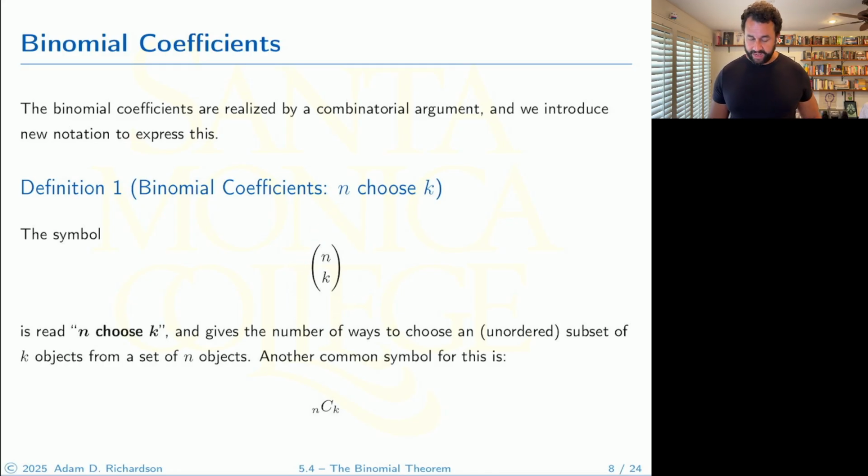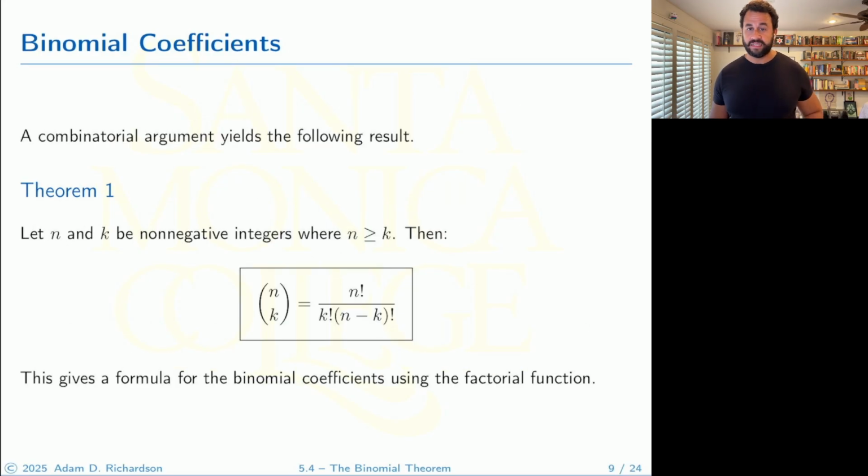All right. Now, how do we actually compute that? I mean, we saw Pascal's triangle giving us that formula, but is there an algebraic formula that doesn't rely on just using a geometric intuition of adding two things above and then getting a number below, right? Well, there is a formula for it, and it's this one right here. And again, this formula follows from a combinatorial argument, which we won't get into, but you'll learn later on.